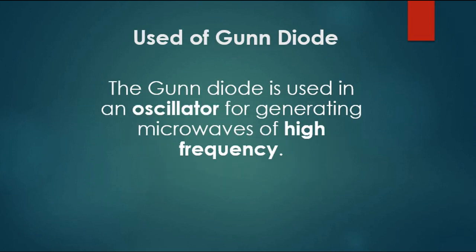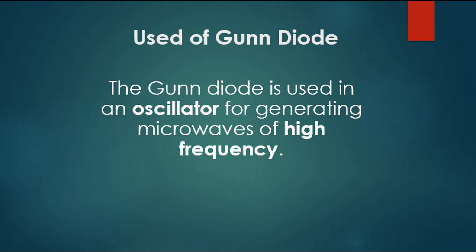So the Gunn diode is used in generating microwaves of high frequency. The Gunn diode is used in oscillators for generating microwaves of high frequency.